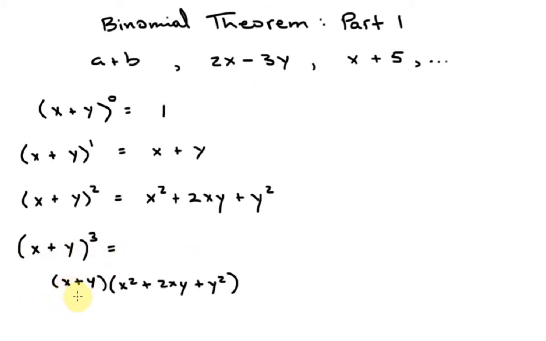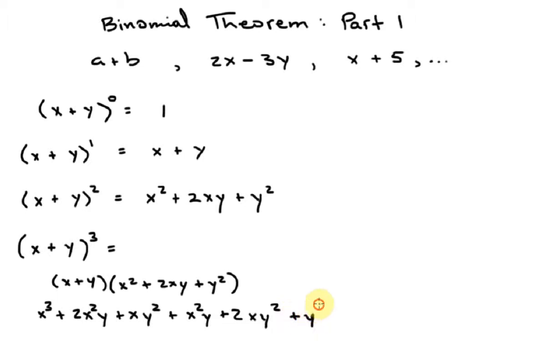So what would I get? I get an x times x squared, so x cubed, then an x times 2xy, which would be 2x squared y, and then an x times the y squared. Then I'd have the y times the x squared, then a y times the 2xy, so 2xy squared, and then the y times the y squared.